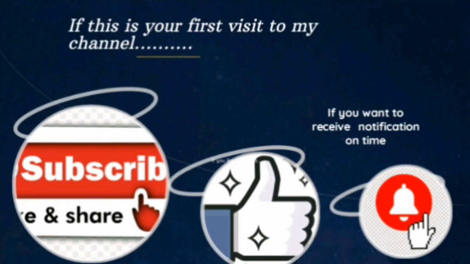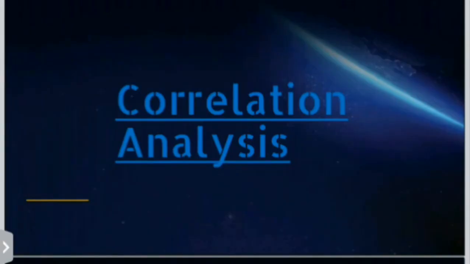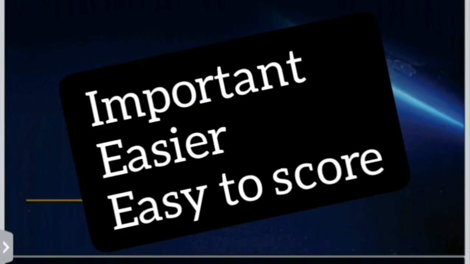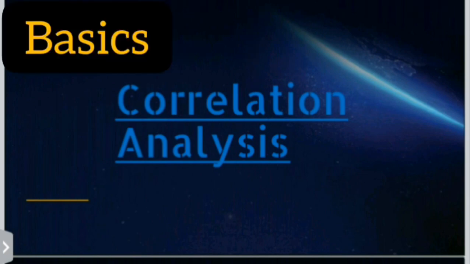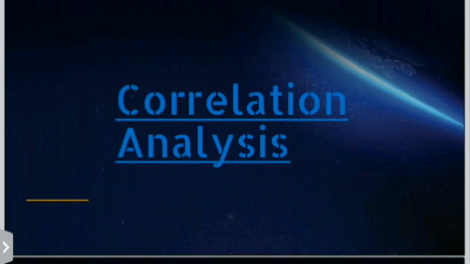So today we are going to discuss one of the important, easy and easy to score topics of commerce, that is correlation analysis. So in this video we are going to discuss some of the basics of correlation analysis. Before we go into our main class, we have to go through a brief introduction of correlation analysis.